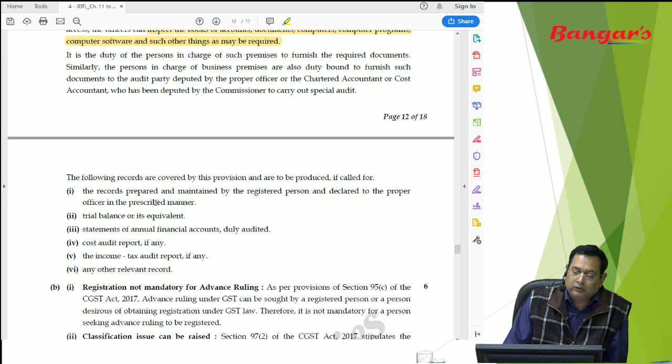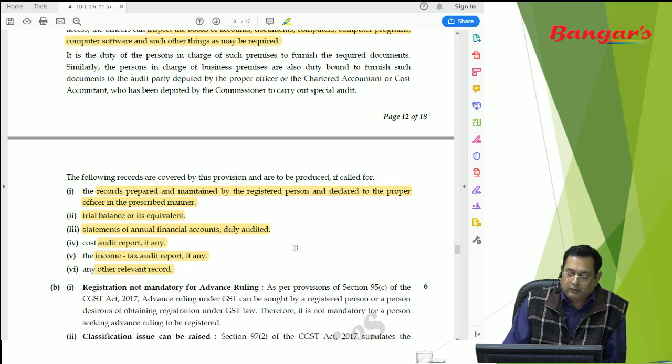And they have access to the records which are prepared and maintained by a registered person and declared by the proper officer: trial balance or its equivalent, statement of annual financial accounts, cost audit reports, income tax audit reports, and other relevant records.